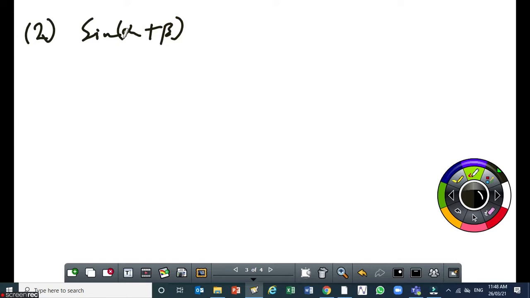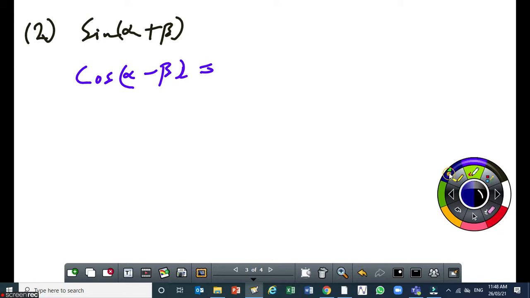Sine alpha plus beta. Now this one here, I have to start from, say, cos alpha minus beta, which is going to be equal to. Now that's a class, this one here, which means I have to use what I call co-ratios I showed you earlier.